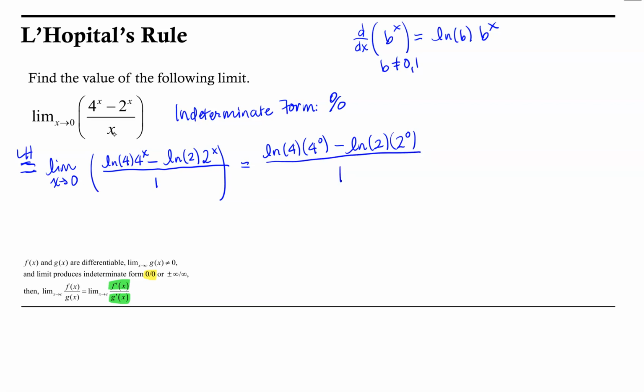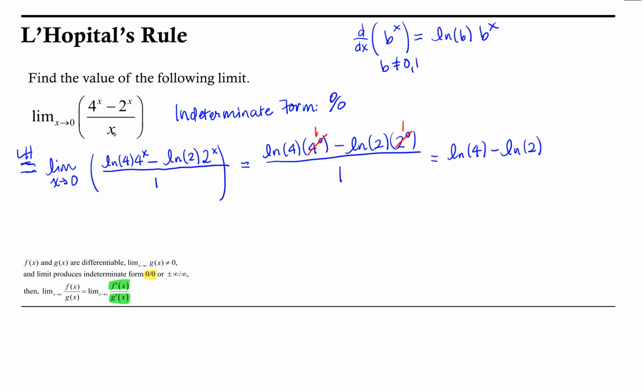And a base to the 0 power, provided the base is not 0, is 1. So 4 to the 0 power is 1 and 2 to the 0 power is 1. So we have the natural log of 4 minus the natural log of 2. And then we can use logarithmic properties to combine those.